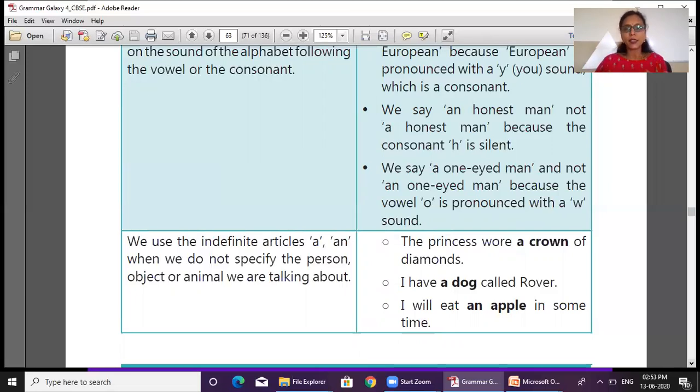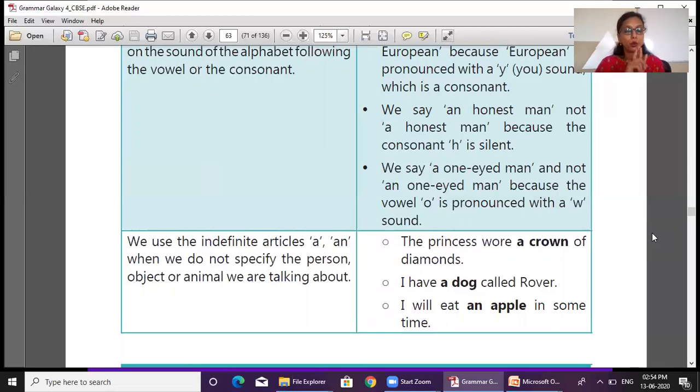Let us again revise the rules of indefinite articles. Firstly, a and an, the indefinite articles, are used before singular countable nouns. A is used before the words which begin with consonant sounds.